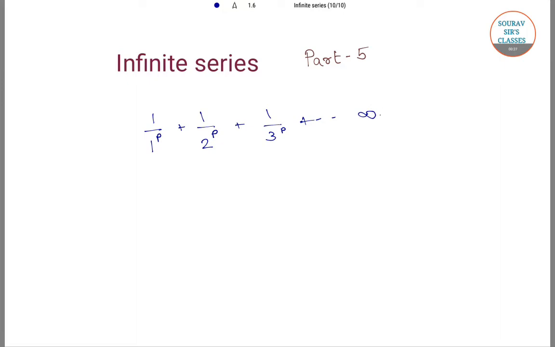Then this series converges if p is greater than 1, and is divergent if p is less than or equal to 1.